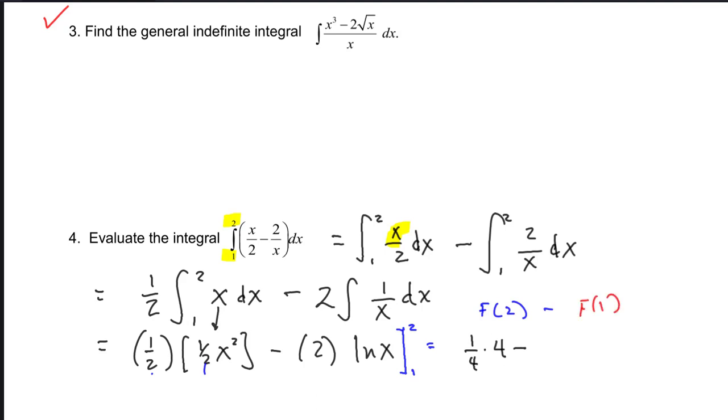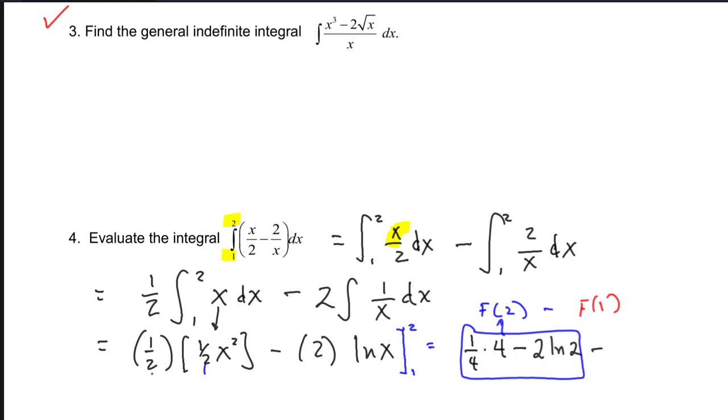Okay, so I plugged in the 2 into the x squared, and I'm going to plug the 2 into the natural log, which is just -2 times the natural log of 2. Now what I've accomplished so far is the first half of the fundamental theorem. Now I need to go minus. Now I got to plug in the 1 and evaluate again.